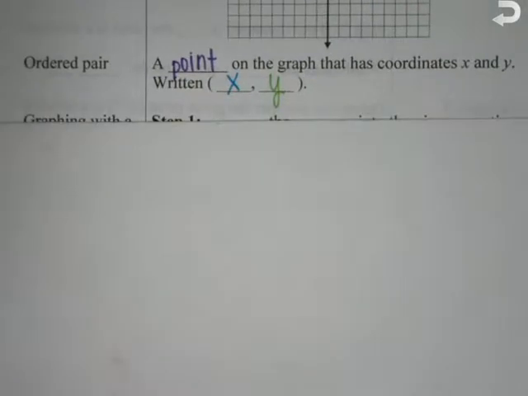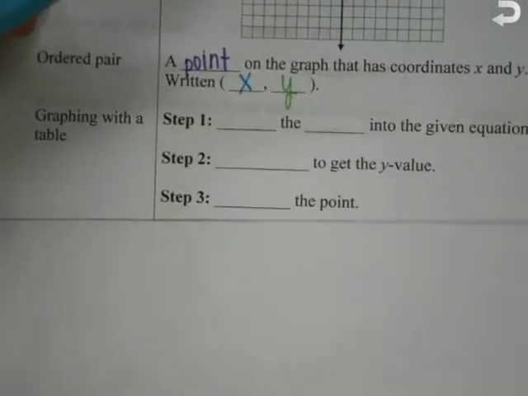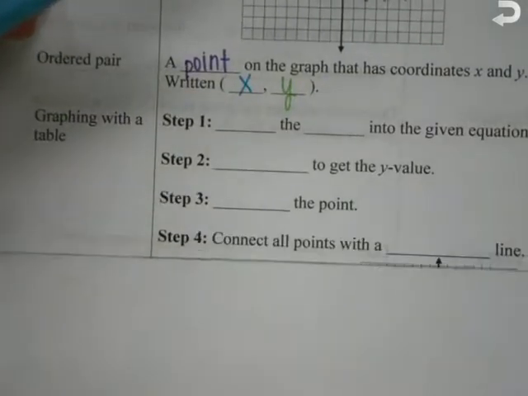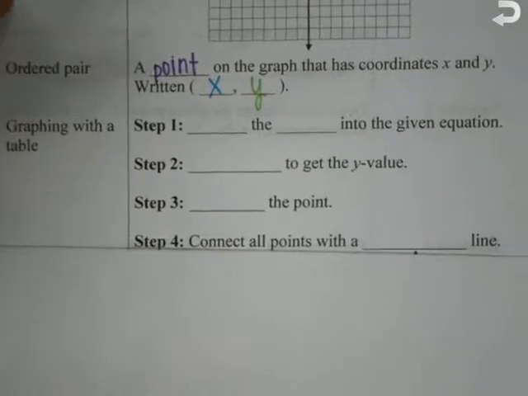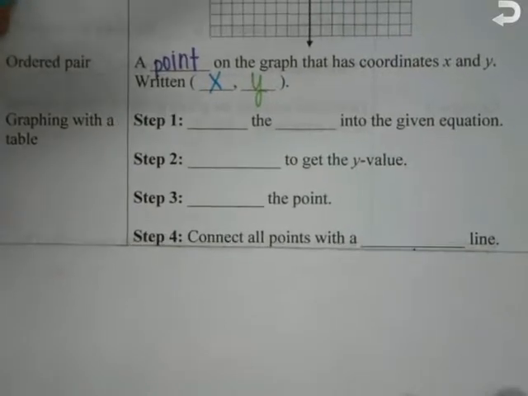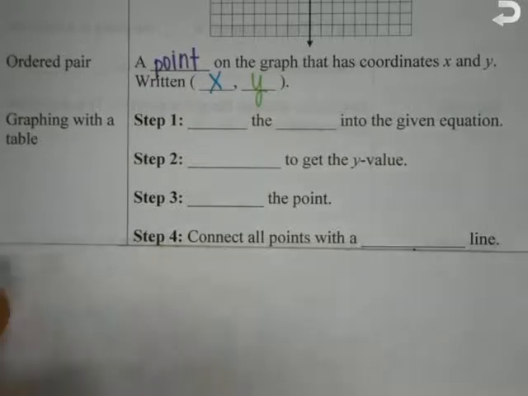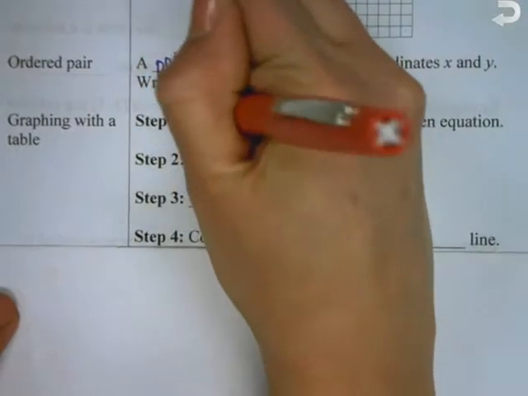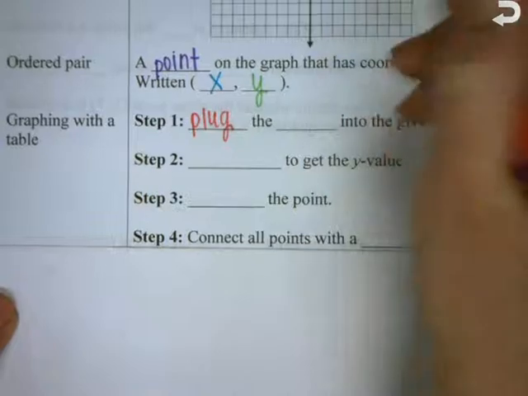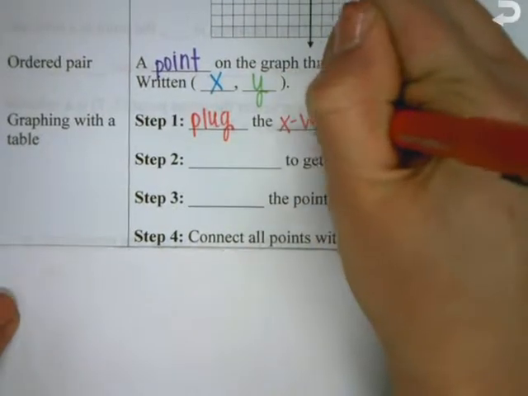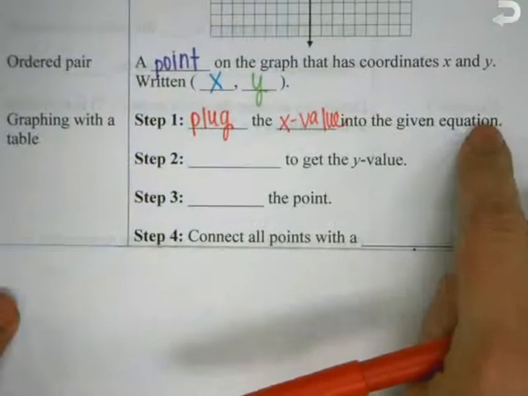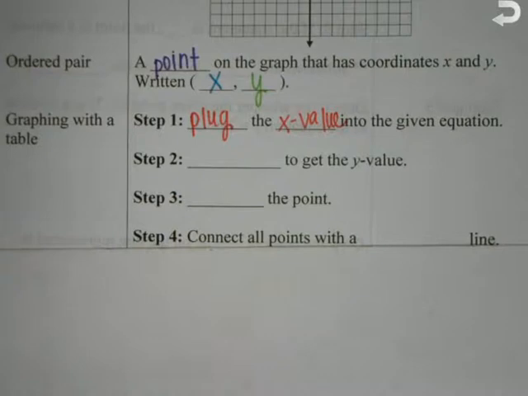Now we want to graph lines, but we're going to use a table first to start graphing these. Step 1, graphing with a table: we plug the x value into the given equation. They're going to give us all the x values.